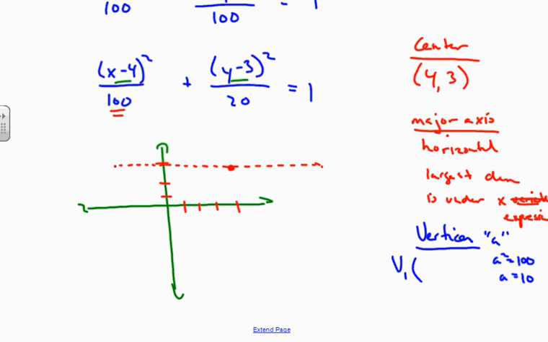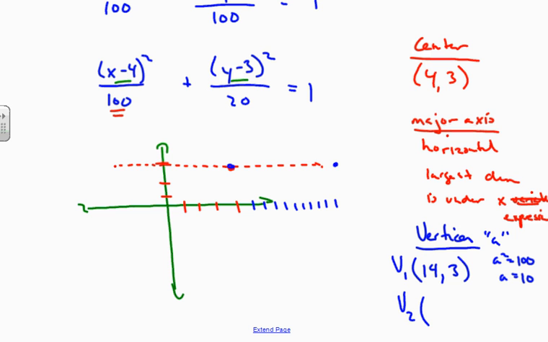Vertex 1 is 10 units away from the center. So we go 1, 2, 3, 4, 5, 6, 7, 8, 9, 10, and that's way over here. We're adding 10 to our x value, so it'll be (14, 3).